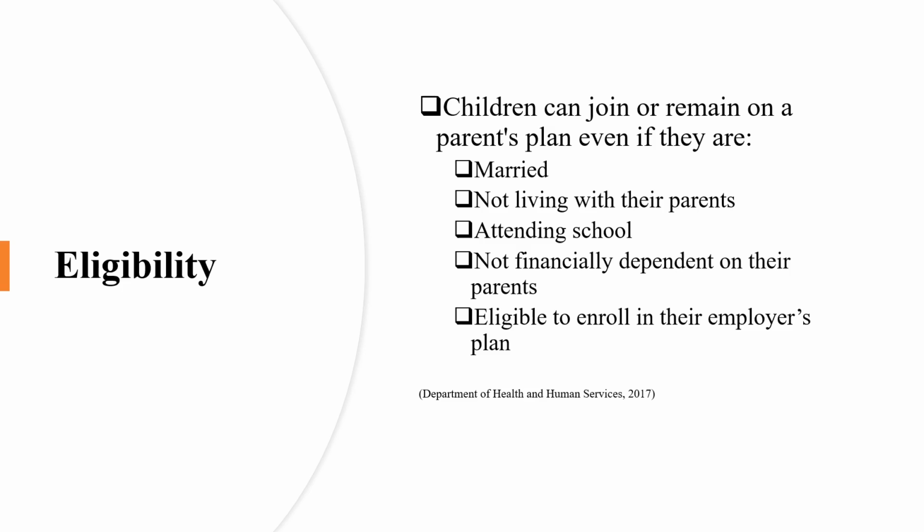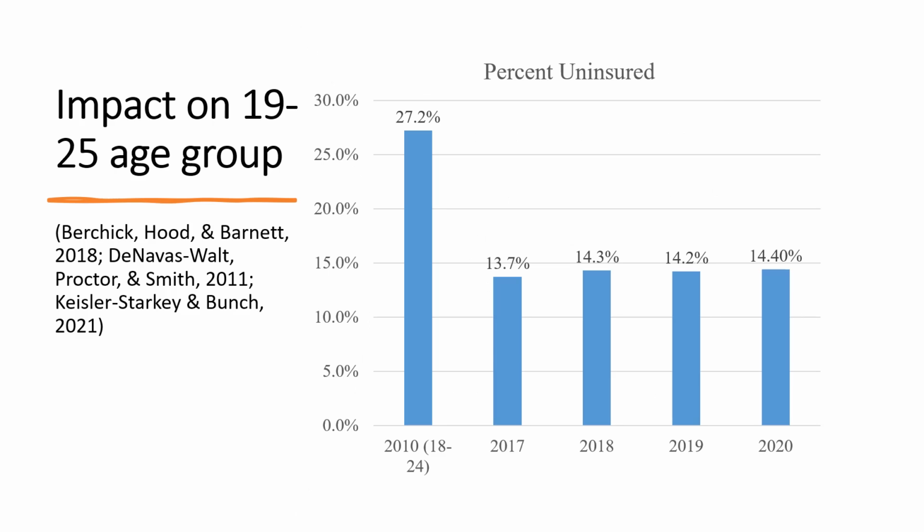So what impact did this have? These numbers are only through 2020, but looking back at 2010, about 27% of the individuals in this age group, and in 2010 the government measured in age increments, back then from 18 to 24.